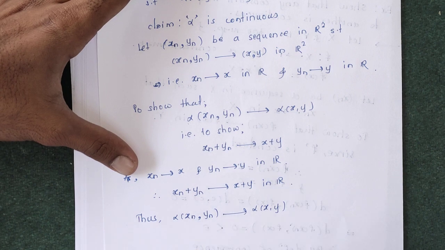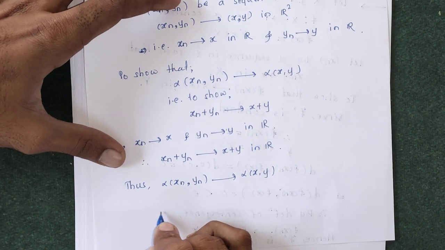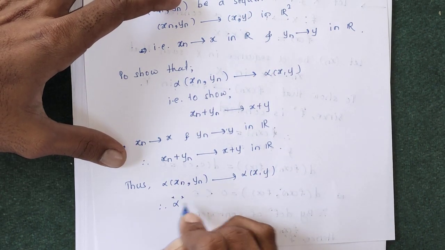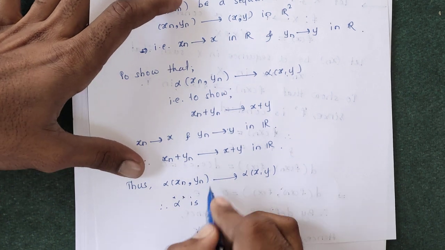Hence, the given function alpha is a continuous map. Therefore, alpha is continuous.